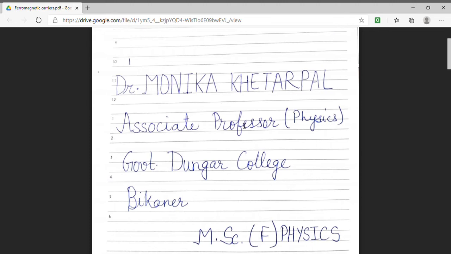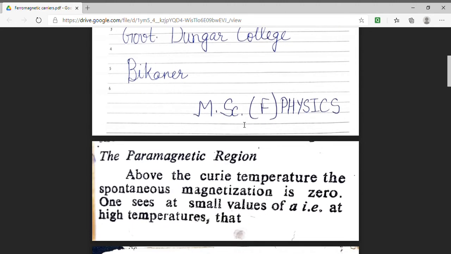We were discussing Weiss's theory of ferromagnetism. According to Weiss's theory, a material will become ferromagnetic for temperature T less than Tc.